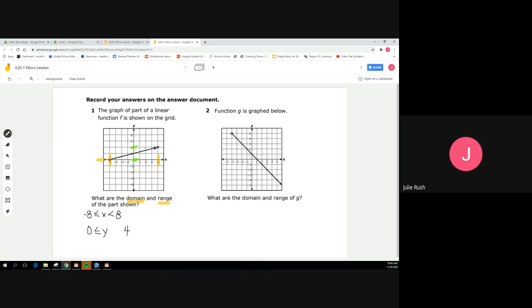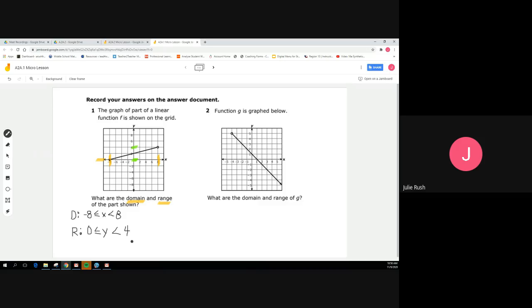And then on the right side boundary, it's open, which means I am not going to include that. So 4 does not make that statement true, but every value up to 4 does. And so this would be my domain for my x values. And this would be the inequality statement for my range, which is all my y values.